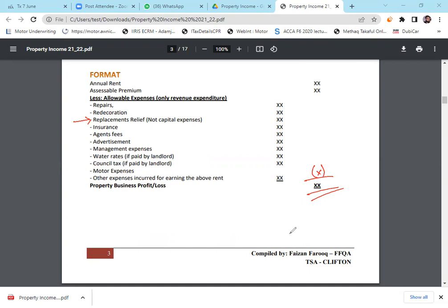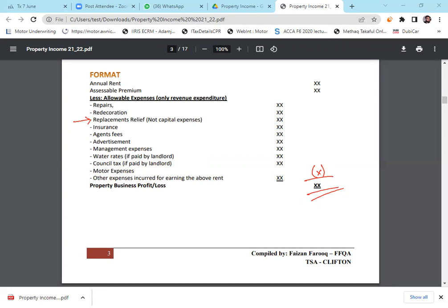But if replacement with improved version, it's a capital expense as per taxation. Then insurance, agent fees, advertisement, management expenses of property, all the utilities including electricity, water, council, meaning cleanliness expenses. These all are allowed expenses.